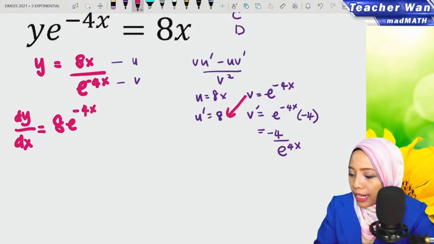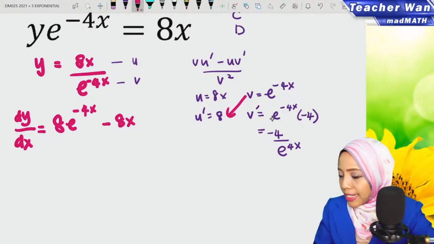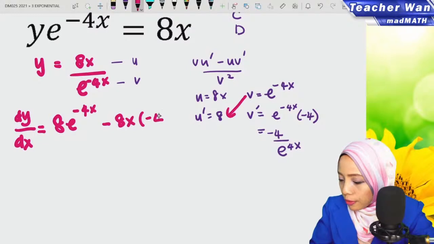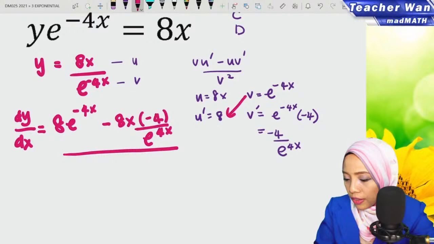And then minus u v prime. u is 8x, v prime is negative 4 over e to the power of 4x, over e to the power of negative 4x, all squared.